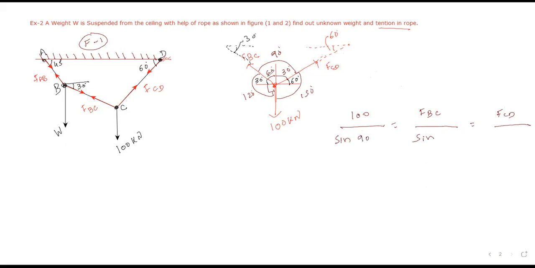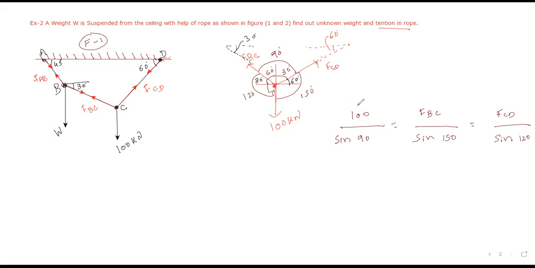Consider FBC. What is the angle between the two forces other than it? 150. And consider FCD. What is the angle between the two forces other than it? 120. Is it clear to all of you? Please confirm.